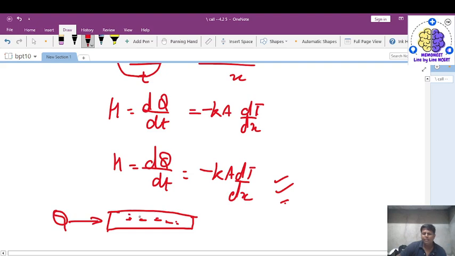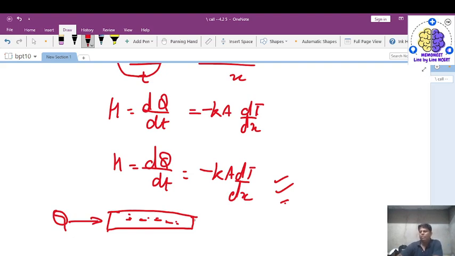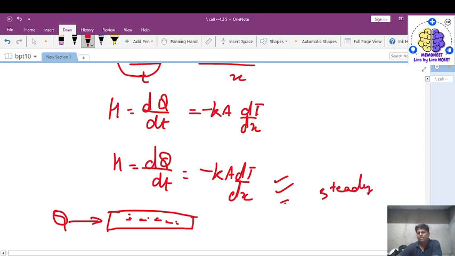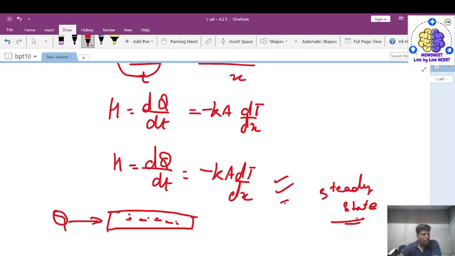Although the temperature at every point is not the same, the rate of flow of heat through every point is the same, and that state is known as steady state. What is steady state? Steady state is the state when the rate of flow of heat through every point of the conductor becomes equal, right?